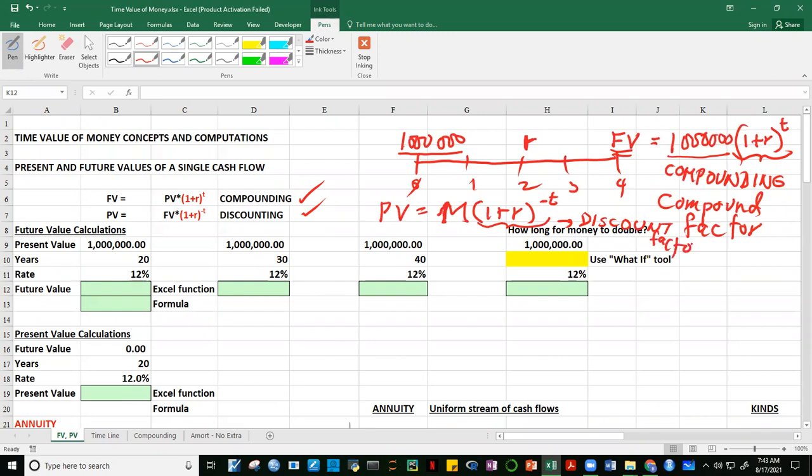The discount factor can also be written as, what do you think, guys?